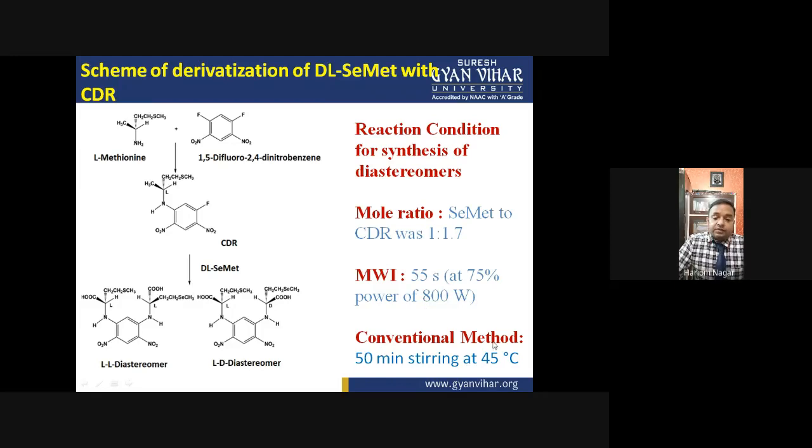The conventional method was also utilized for synthesis of diastereomers using the CDR. In the conventional method, 50 minutes of stirring at 45 degrees centigrade was carried out. In these conditions, the reaction was successful, meaning these diastereomers were formed at optimum level.